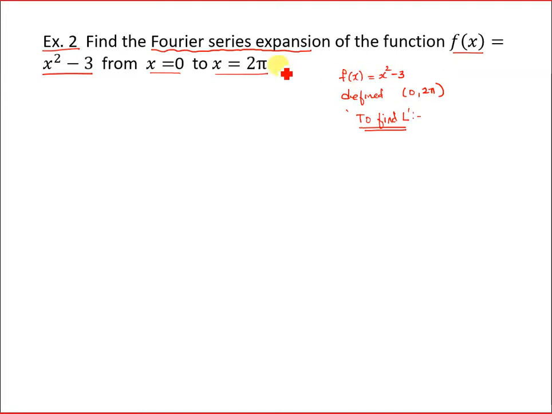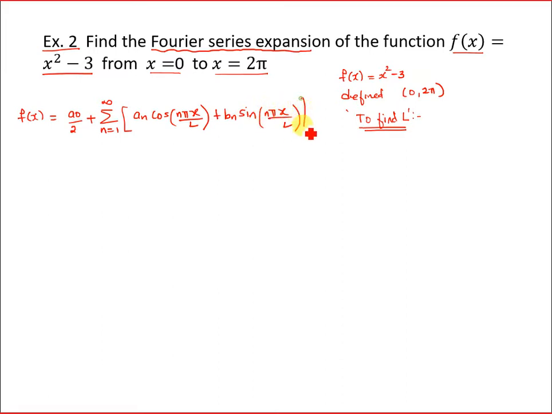As I explained earlier, we are going to use the Fourier series expansion of the function f(x), which is a0 over 2 plus summation n from 1 to infinity a_n cos n pi x over L plus b_n sin n pi x over L. This is the Fourier series of the function f(x), which is defined over the interval c to c plus 2L.